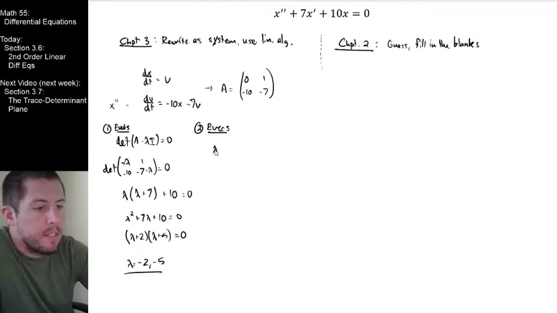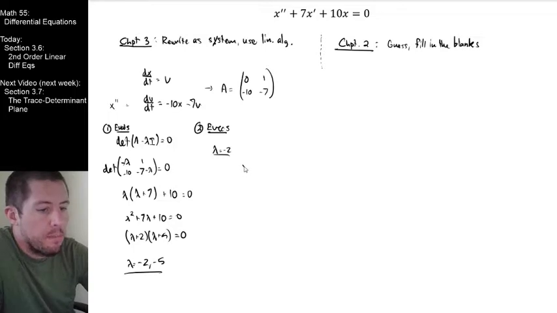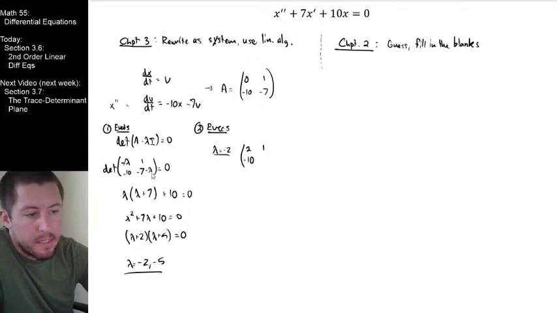So now I'm going to say, let's let lambda be equal to negative 2. In this case, I'm using my A minus lambda I matrix times a vector v, the eigenvector, and it should be equal to 0. So I'm seeing here we're going to get a positive 2, a 1, a negative 10, and negative 7 minus negative 2 is going to be a negative 5 right here. We can tell that we did this correctly because we have this redundancy from one line to the next.